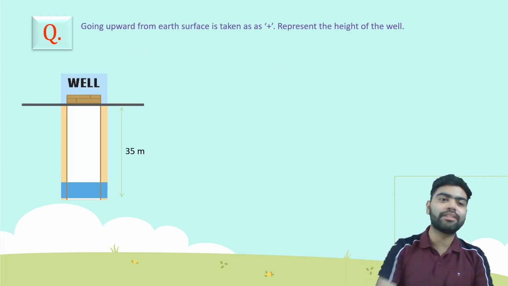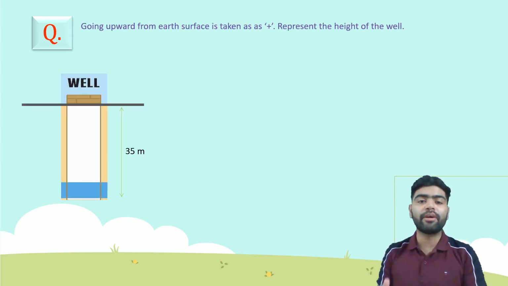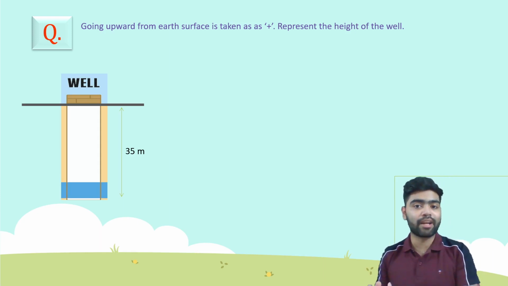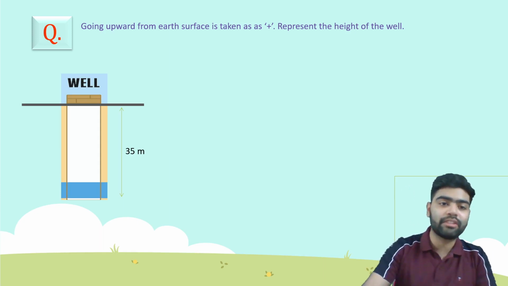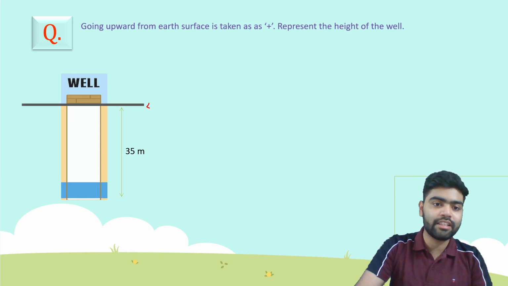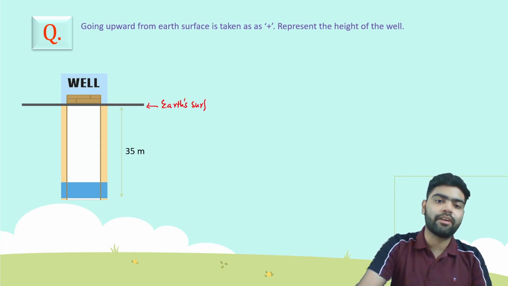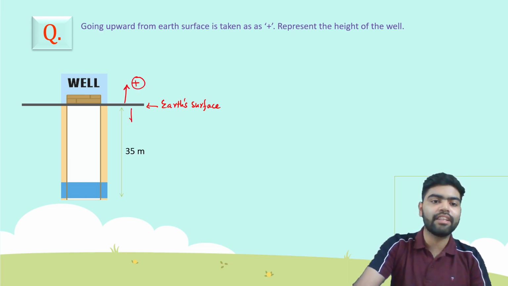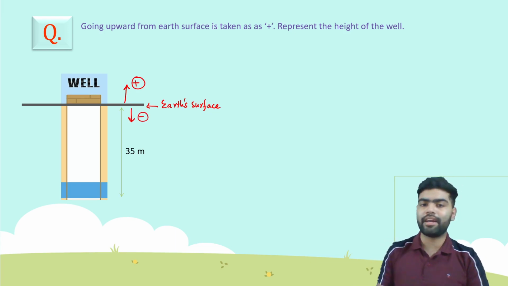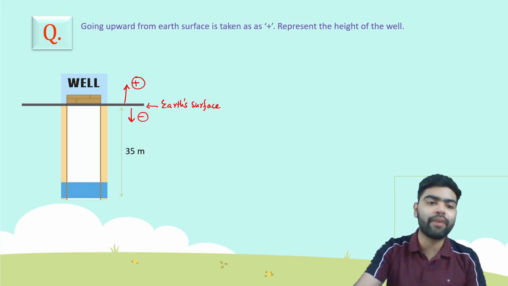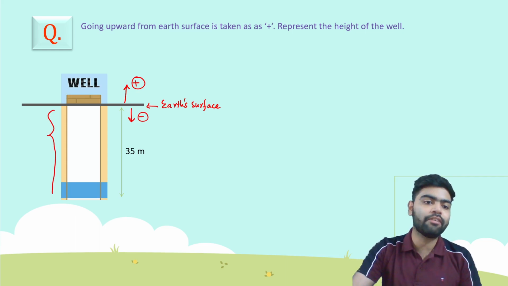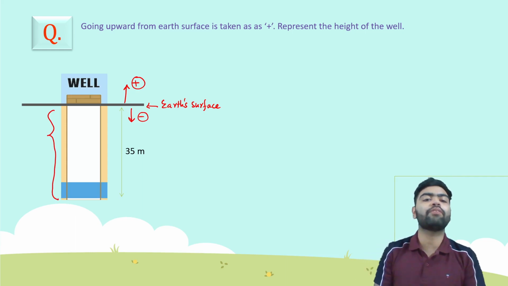The next question says that going upward from Earth's surface is taken as plus. So this direction, and this over here is the Earth's surface. Now this is considered to be the positive direction, this is considered to be the negative direction. So the height of the well, that is this height over here, will be represented with the help of what?